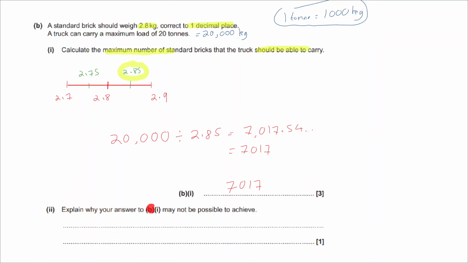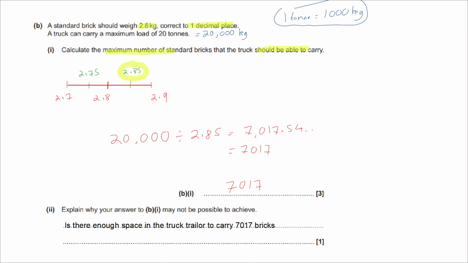Now, part II is this. Explain why the answer may not be possible to achieve, or could you even fit this many bricks into the trailer or whatever the truck is carrying? Something like, is there enough space in the truck trailer, I'm guessing, to carry 7,017 bricks.